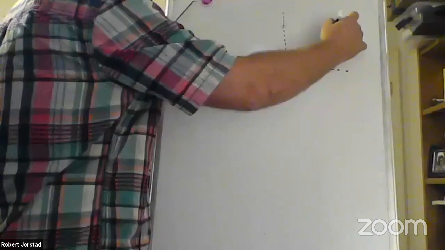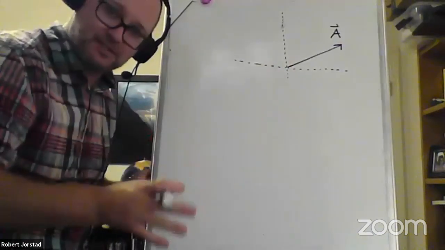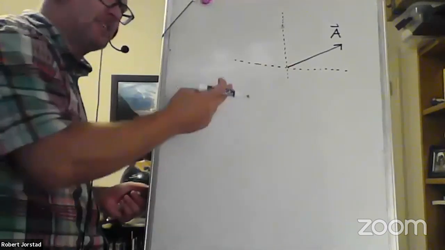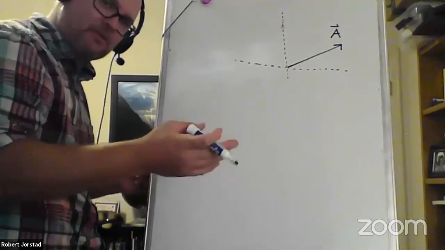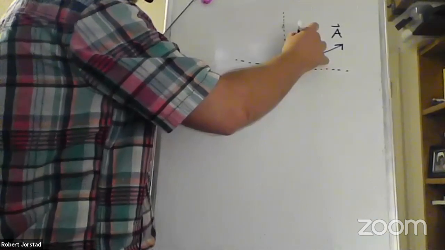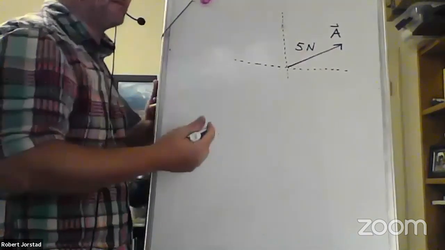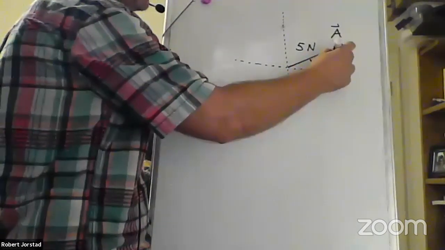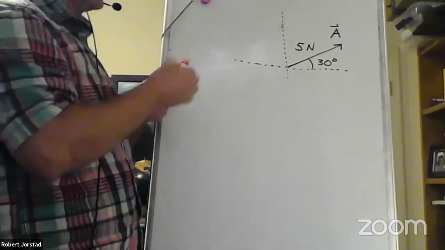Let's say this is vector A. And let's say the size of it, and I'm not going to do sig figs on these ones. The ones in the workbook, I do. I'm not going to do it up here because I'm going to run out of space, so apologies. Let's say this is 5 newtons, so maybe that's a force applied to something, 5 newtons. And this angle looks to me like it's about 30 degrees. Again, who cares about sig figs? Now let's say there's another vector.